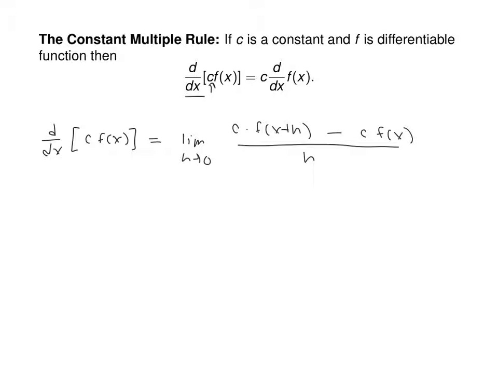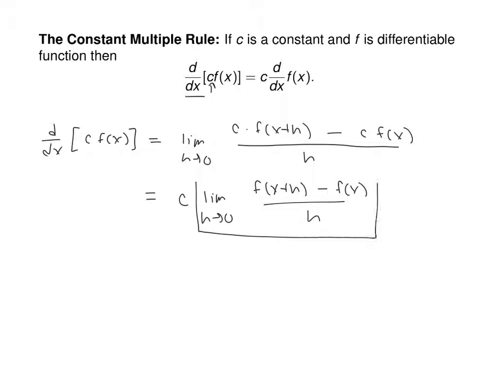And then the reason that a constant can factor out of a derivative is because in this expression, we've got a greatest common factor in our numerator, which is c, and that can factor out of the limit. So c times the limit as h goes to 0 of f of x plus h minus f of x over h.